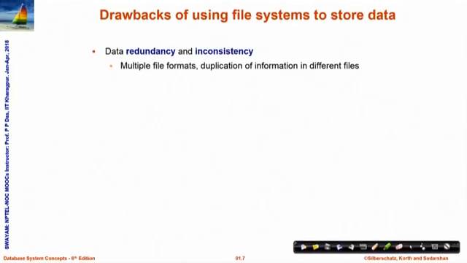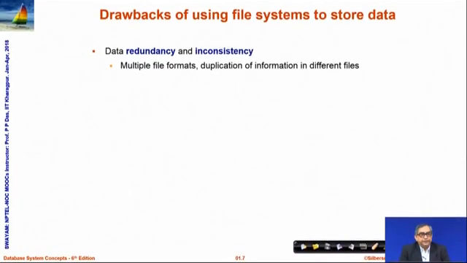over time, it was observed that file systems to store and manage data have a lot of drawbacks. For example, in a file system, there is often a lot of data redundancy and inconsistency. These are terms which we will loosely define here, and as we go along in the course, we will understand them better.